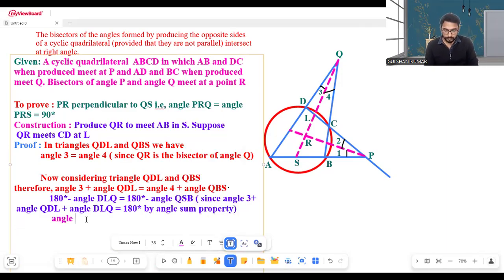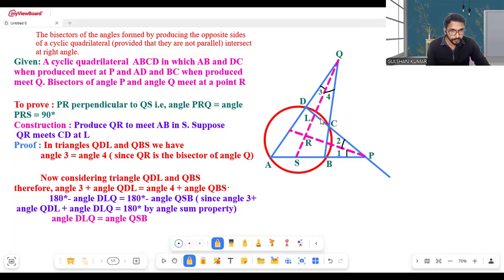So angle DLQ equals angle GLQ equals angle QSB. This angle QLD equals angle QSB. I can mention here so that you guys can understand.